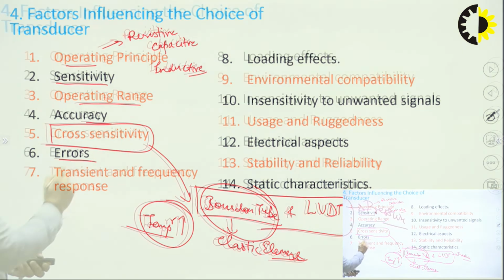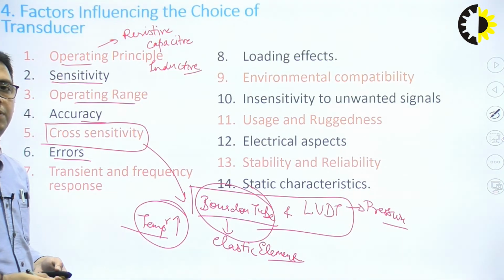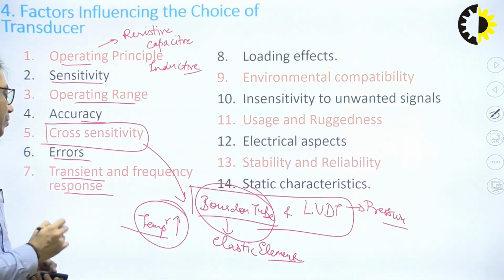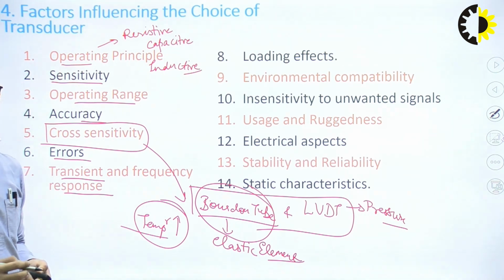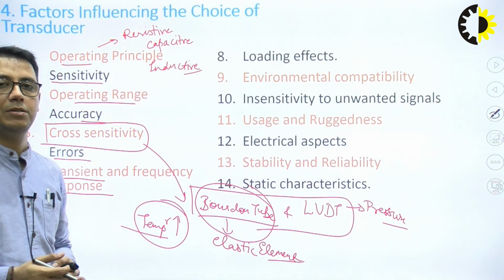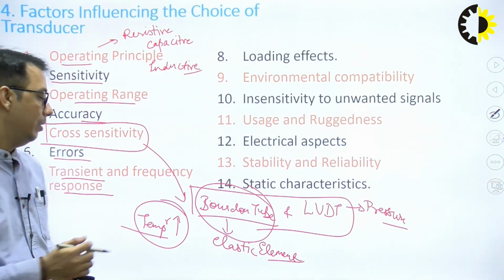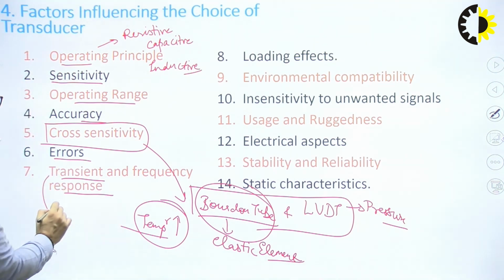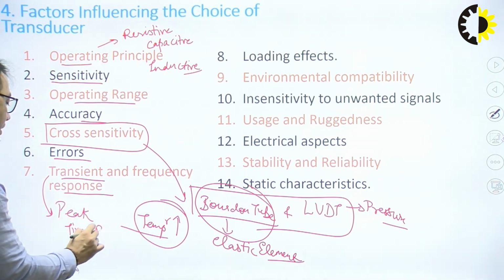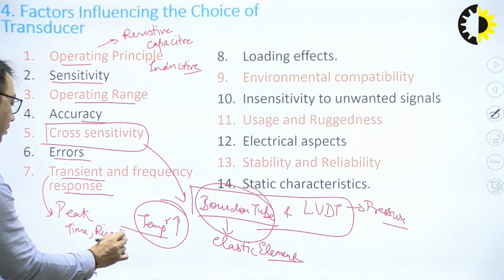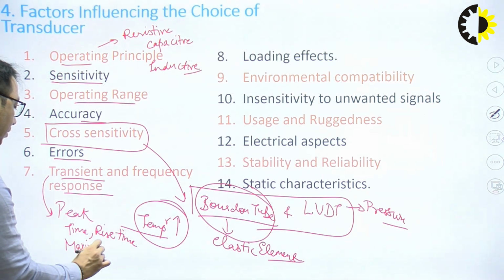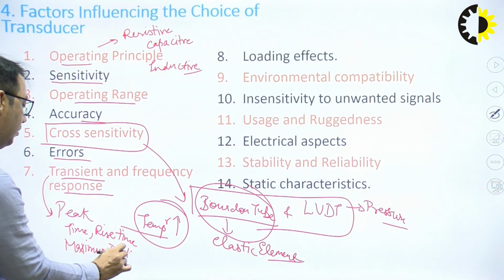Next is error. Error should be as minimum as possible. Transient and frequency response. Transient response means how the system is responding with respect to time, what its peak time, rise time, maximum peak overshoot are.